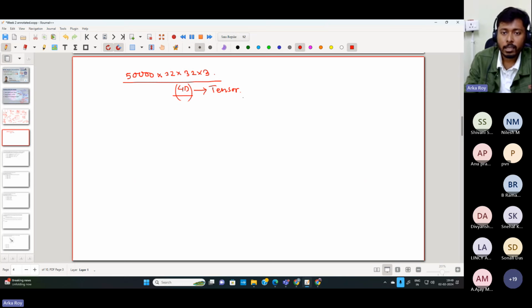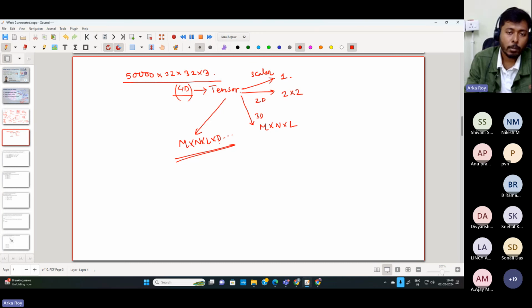So you can generalize tensor. For example, a tensor will be a scalar when it has only one dimension. A tensor will be a 2D matrix when it has a two-dimensional structure. It will be a 3D matrix when it has an M cross N cross, let's say L, structure. And the most general case is M, N, L, D, up to however many components you choose for an array.